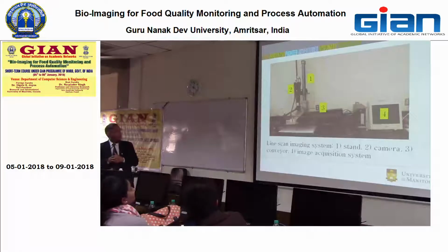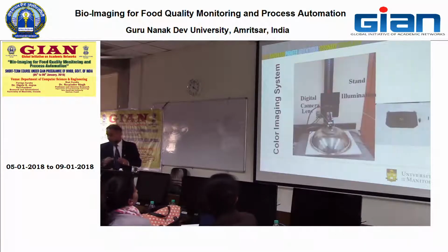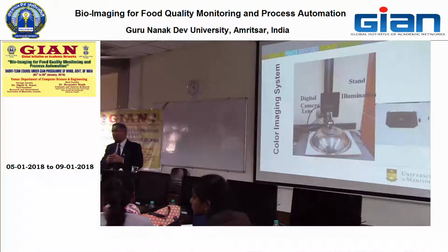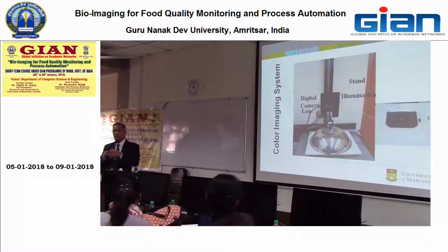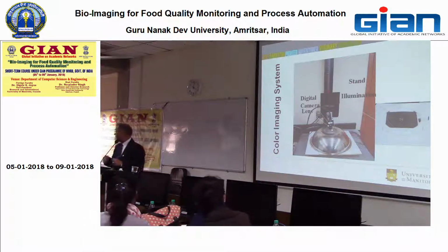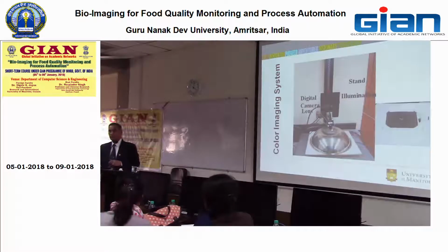Sorry, I should have shown this earlier. When you are taking the picture of an area, you get a 2-dimensional image. These are referred to as area scan cameras because they take the picture of an area. But there is also a line scan camera.